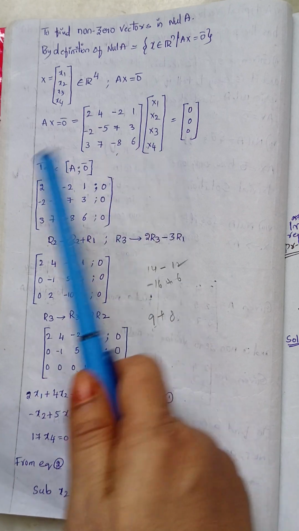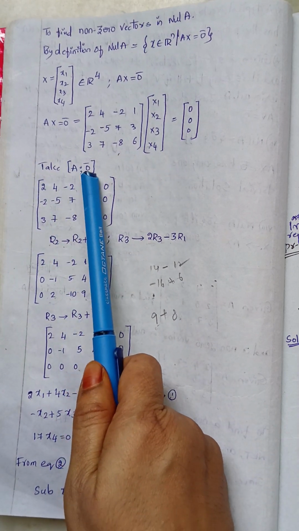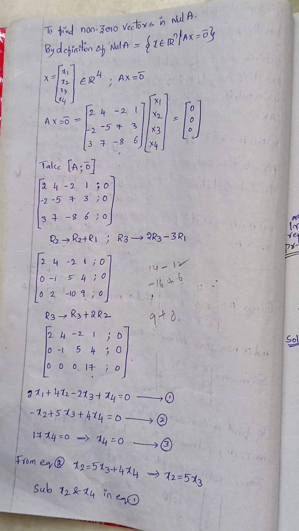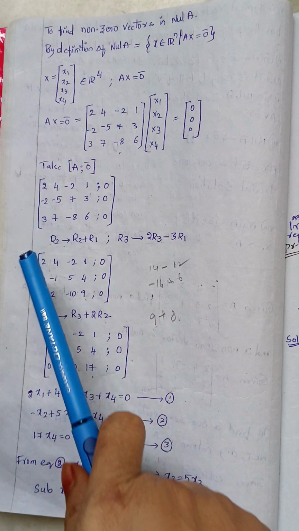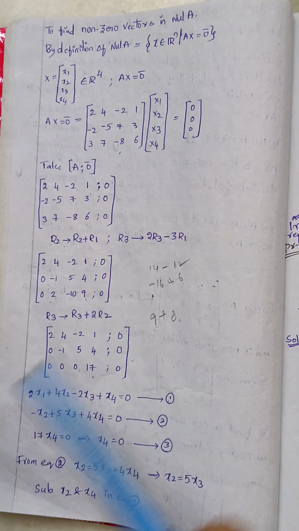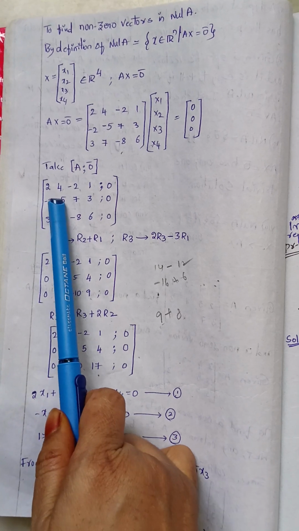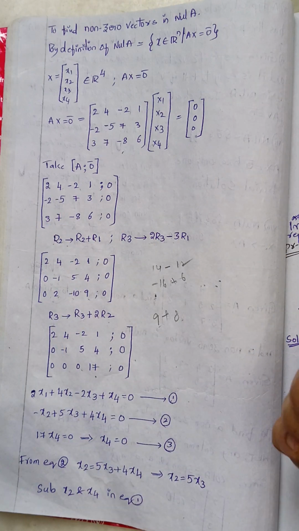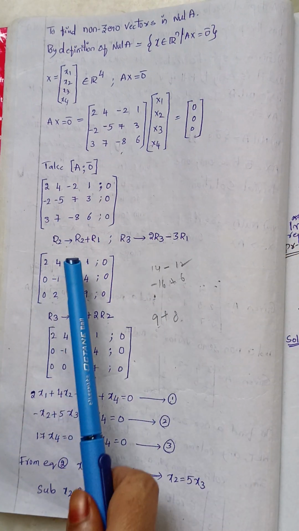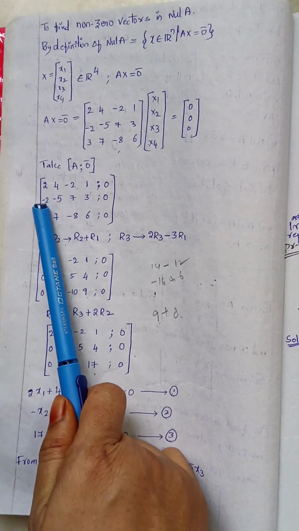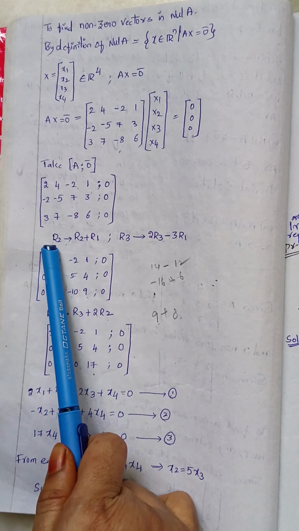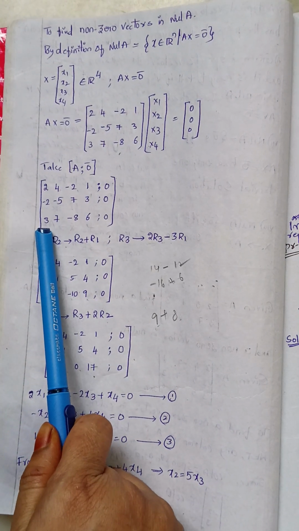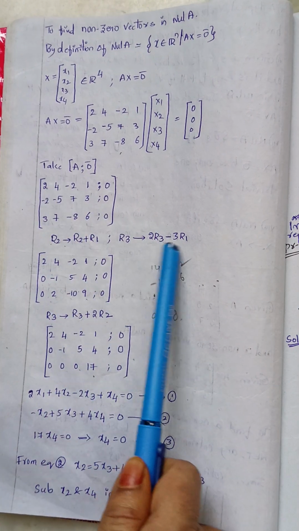Or else for simplification we can take the augmented matrix [A | 0 bar], and see how many rows we can convert into zeros. Like this one may be converting to 0, this also may be converting to 0. Like that, as many possibilities as there are, that many times we have to take row operations. So see here, minus 2 plus 2 is 0, so R2 becomes R2 plus R1. Then R3, how will it be 0? 2 into R3 minus 3 into R1, then it will become 0.